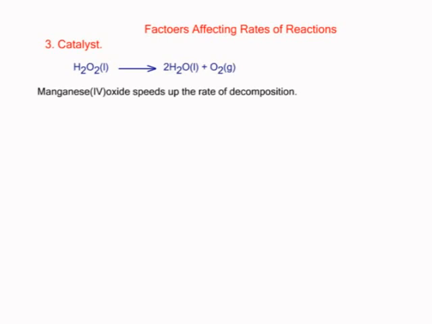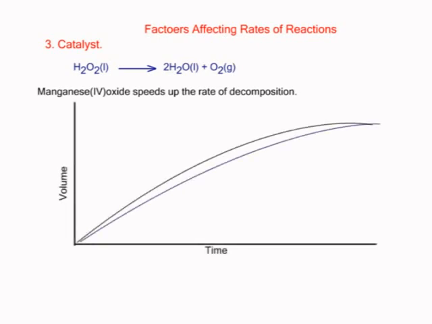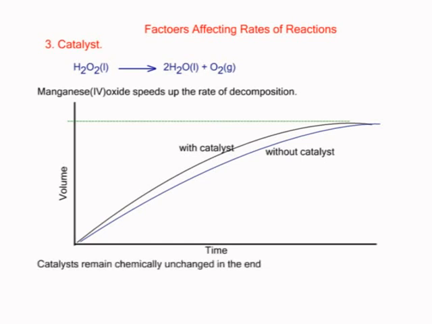The graph for this will appear as shown here, and again the final volume is the same. What differs is the rate of that reaction, the amount of time taken to obtain that maximum volume of the gas. Another interesting thing to note is that manganese(IV) oxide remains chemically unchanged at the end of that process. It only speeds up the rate of reaction. Such substances, we call them catalysts.